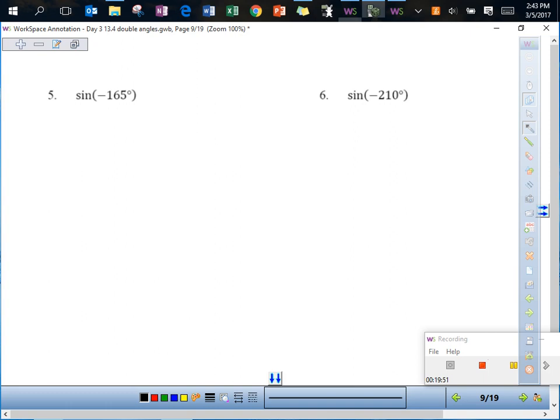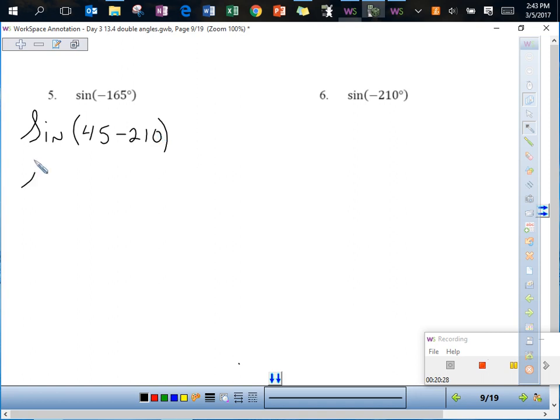Same thing, but they confuse students. So number 5, the hardest part, once again, and like I said, there's so many different ways to do this. I need to come up with a way to get 165. There are so many different ways to do this. The one I used on my answer key is I saw 45 minus 210.